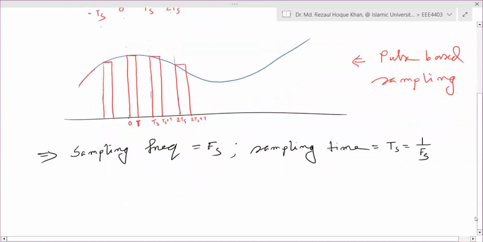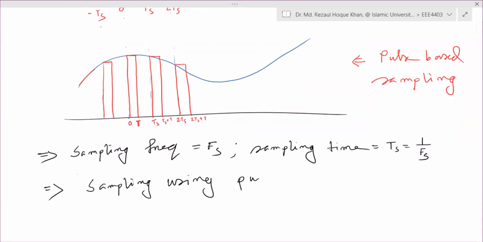So the sampling will use pulses instead of impulses, pulses of duration t.